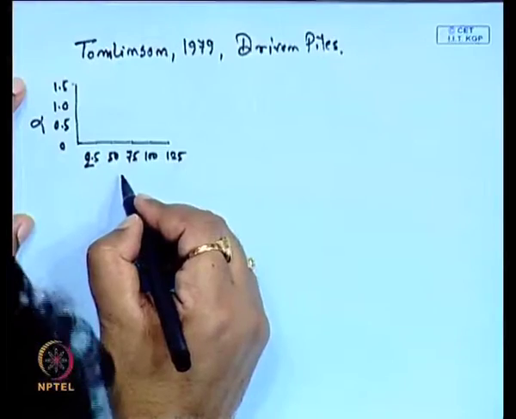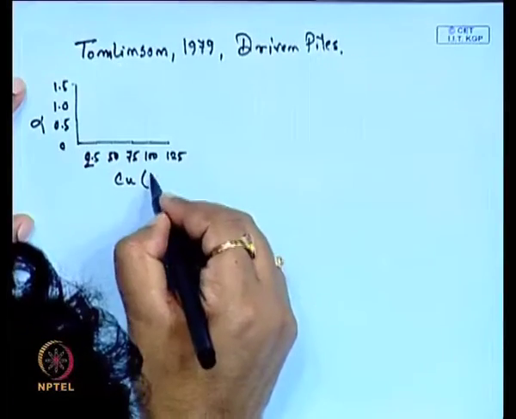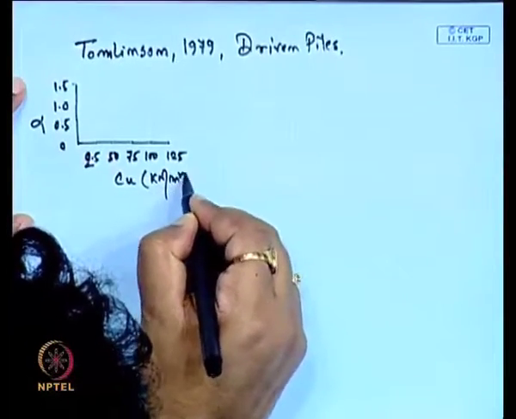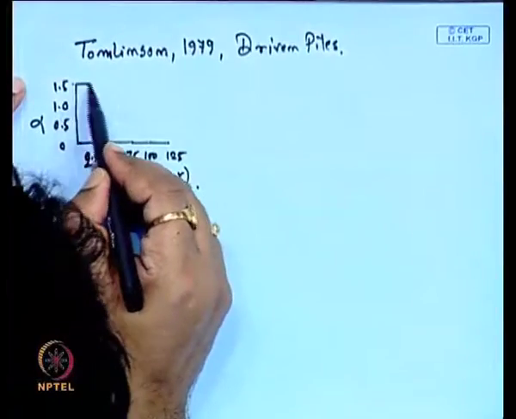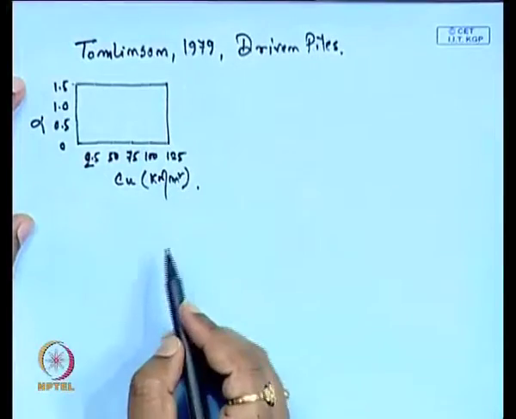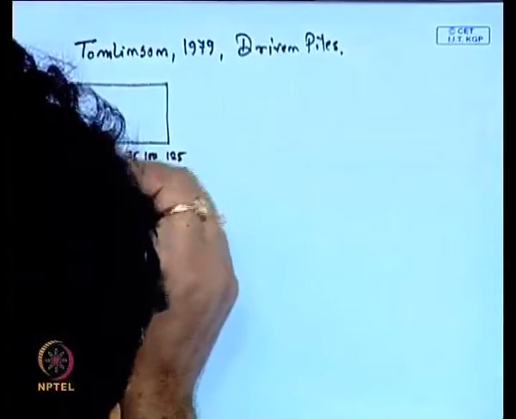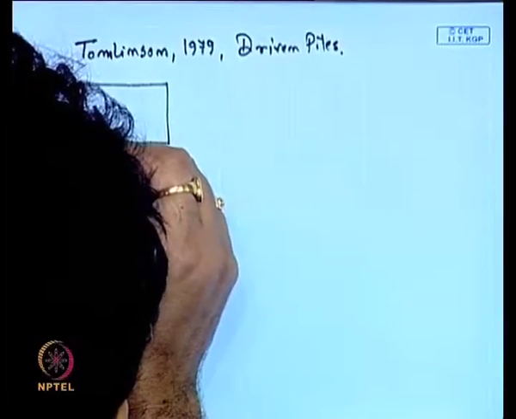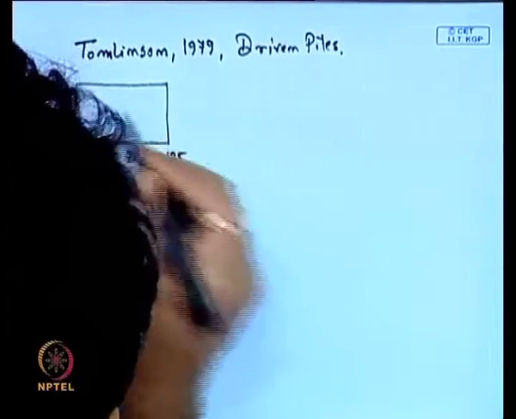This is the value of Cu, in kilonewton per meter square. So, these are the points that we are getting.